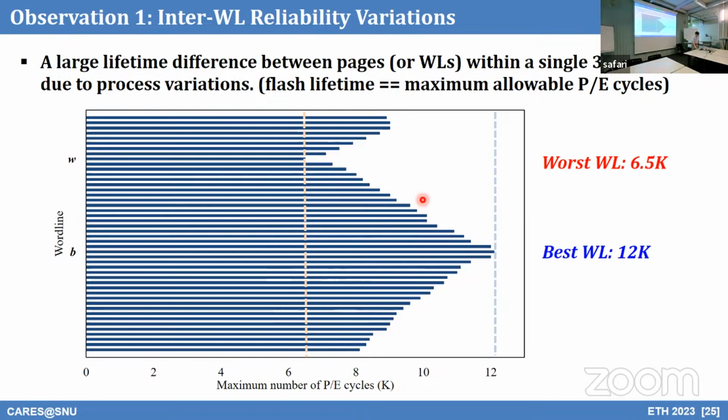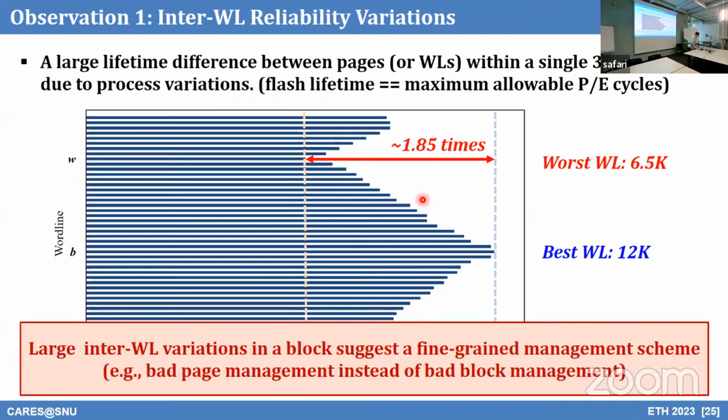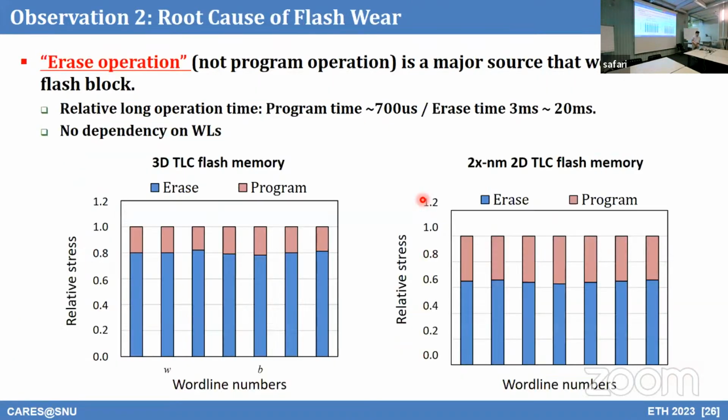Okay. And then we also look at who is responsible for flash wear. We knew the erase operation is the key, but we validated it in 3D. In 3D flash memory, the erase operation takes an even higher portion of flash wear. We knew from this test, this is 2D.